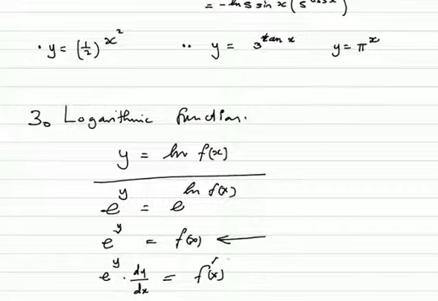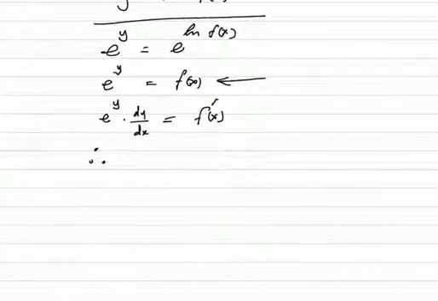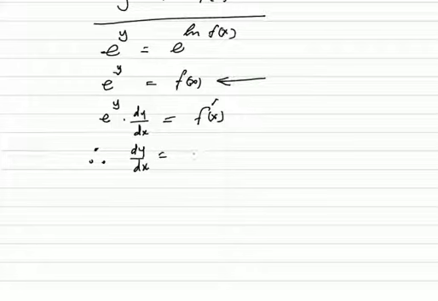I'm differentiating both sides. So here we arrive at the point that dy dx is equals to e to the power y multiplied by the derivative of argument, in this case f of x.